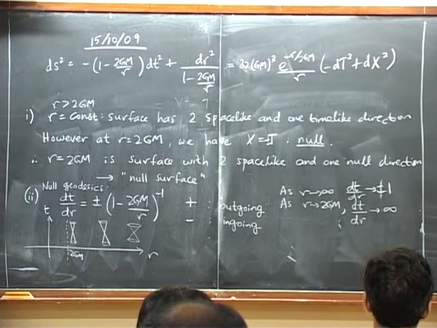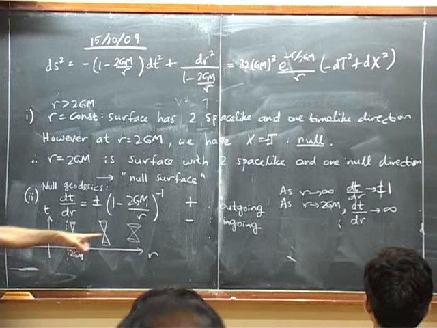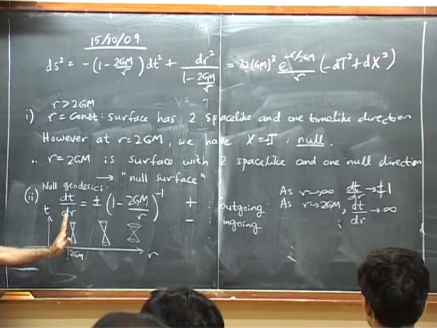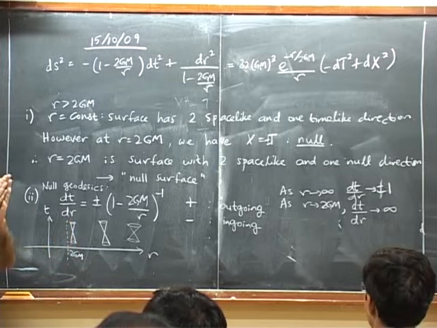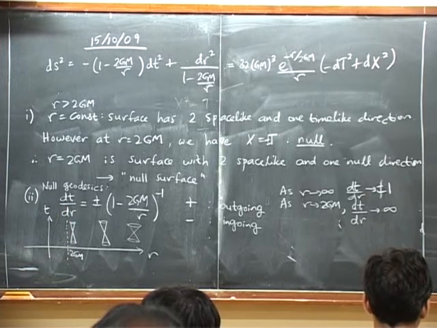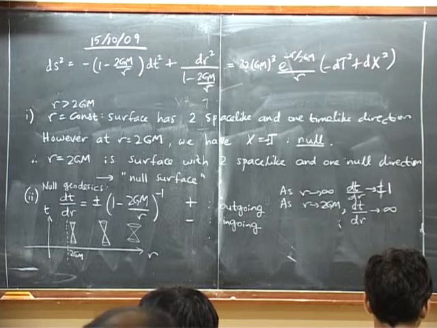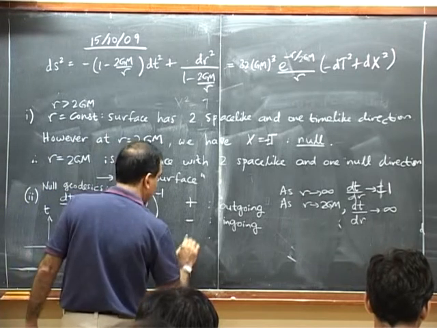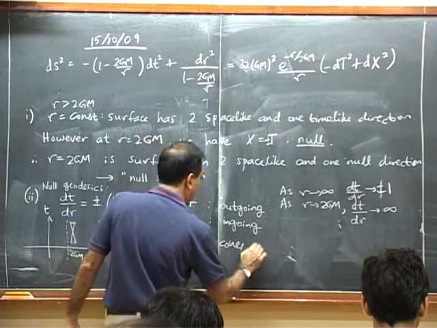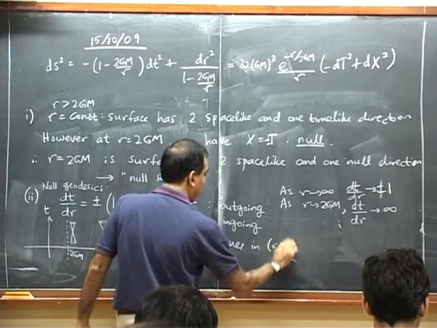And now it's not difficult to see in this sense why r equals 2GM is null. It's because the light cone has completely degenerated once we reach it. Okay. So the light cones close up. Just a phenomenon which I am noticing here in Schwarzschild coordinates.